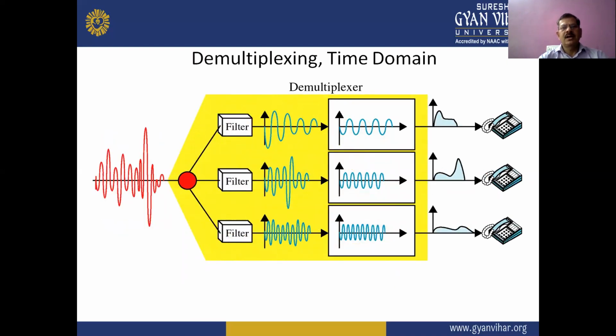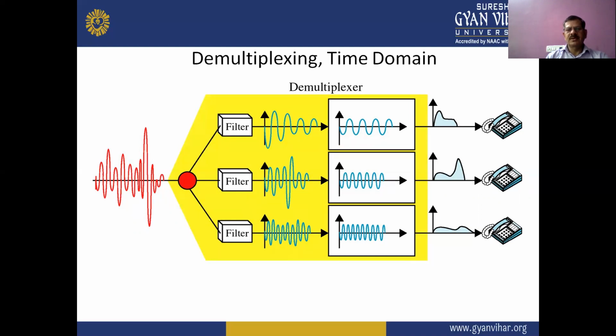Next is the demultiplexing technique in the time domain system. Here is the FDM input signal, and this FDM input signal is divided into different inputs, and the outputs of the different filters have different signals with different frequencies.